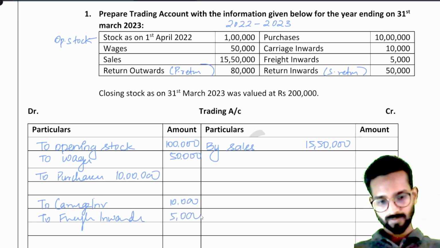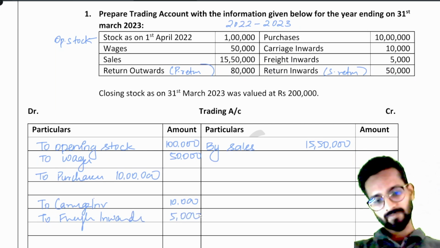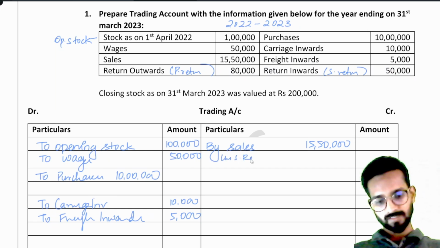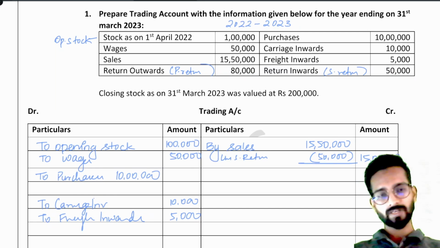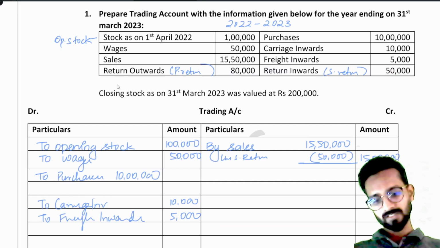5,000. After that we have return inwards, that is sales return, less sales return. How much? 50,000. So you can write here final amount is 15 lakhs. That is your net sales. Purchase return, return outward, is 80,000.